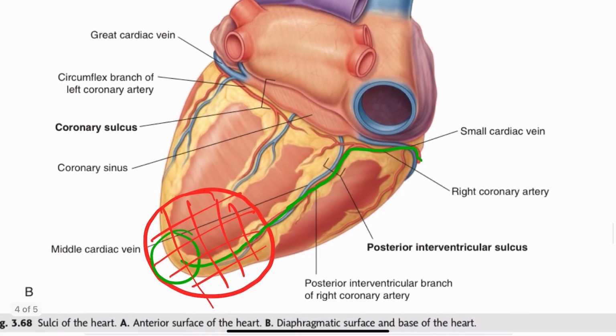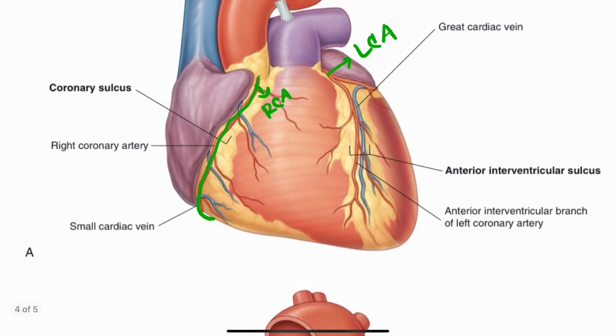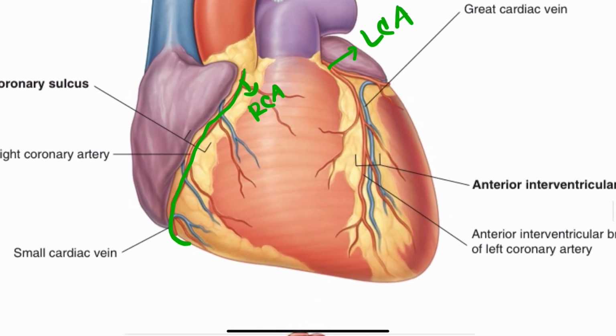So now we understand that inferior MI happens due to blockage of the right coronary artery. So what are the other structures which are supplied by the right coronary artery? After arising from the root of the aorta, it supplies the SA node in more than 65% of cases, and then it supplies the right ventricle.